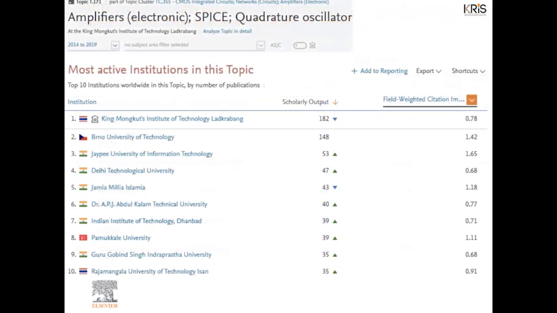If we look at this topic, amplifiers, KMITL is the #1 research university in the whole world, producing 182 papers in this area. But those papers are cited 22% less than world average, while the Borneo University of Technology, their papers are cited 42% more than world average, and JP University of Information Technology also has papers in this area that are cited more than world average.